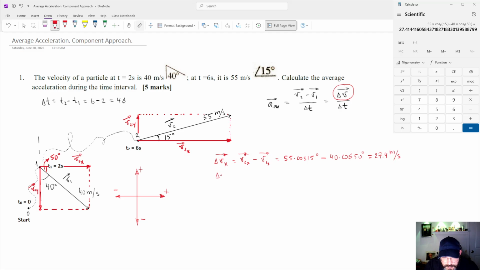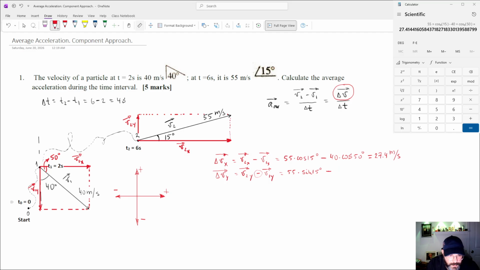So let's calculate delta v y. This is v2y minus v1y. And this is equal to, v2y is pointing up, so it's 55 multiplied by sine of 15 degrees, minus, that is the minus from the difference, right?